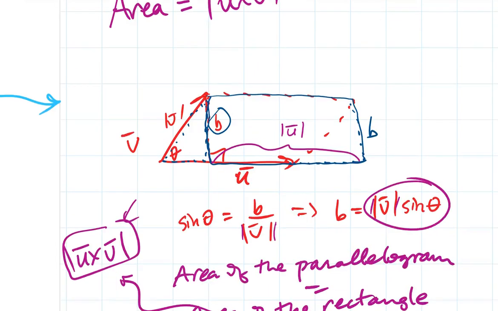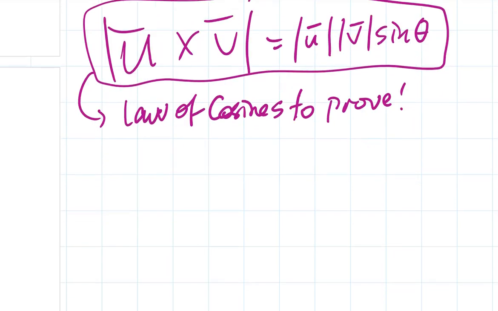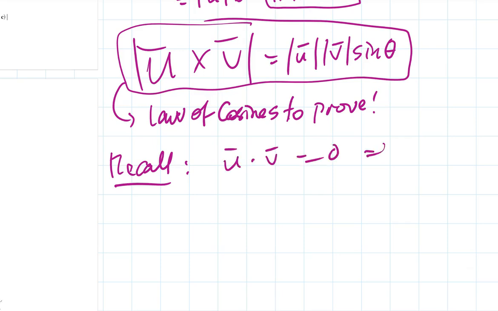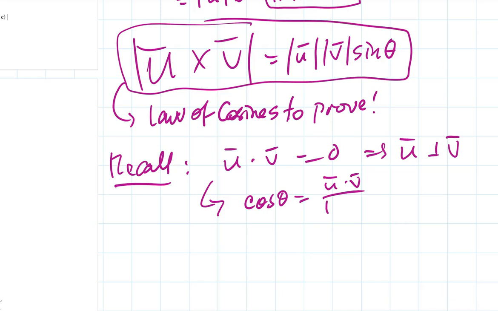Okay, so now here's the deal. We had with the dot product, so recall, u dot v equals 0 implies that u is perpendicular to v. Now this came from the fact that the cosine of theta is equal to u dot v over the length of u times the length of v.